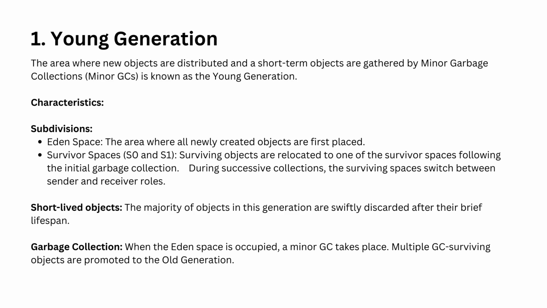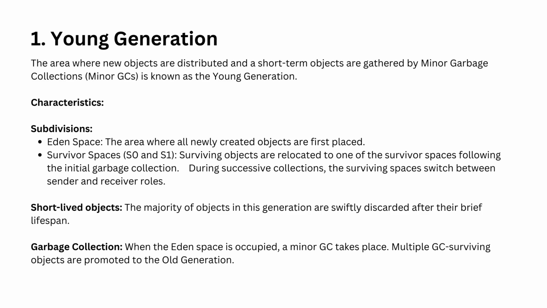In young generation we have eden space and survivor space. Eden space is the region where all new objects are initially allocated, and the survivor spaces are S0 and S1. After the first garbage collection, surviving objects are moved to one of the survivor spaces.